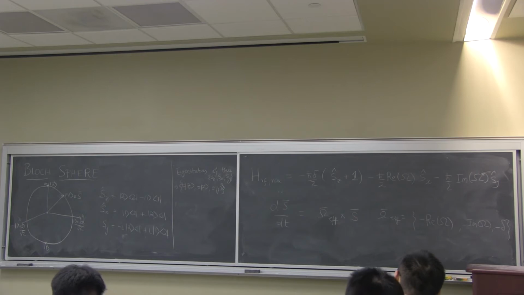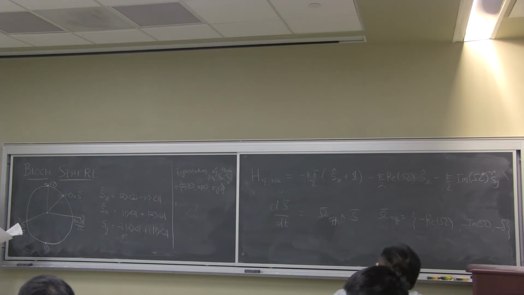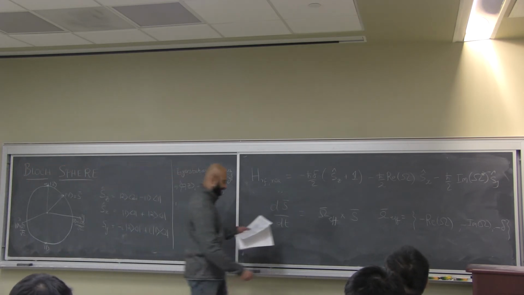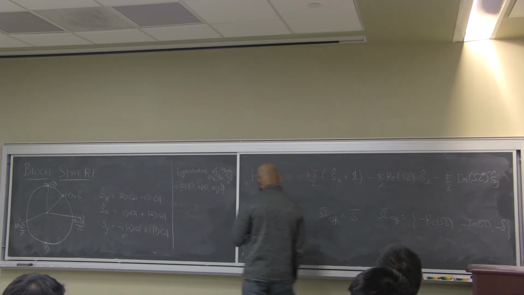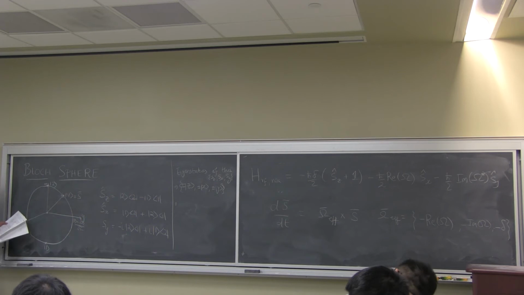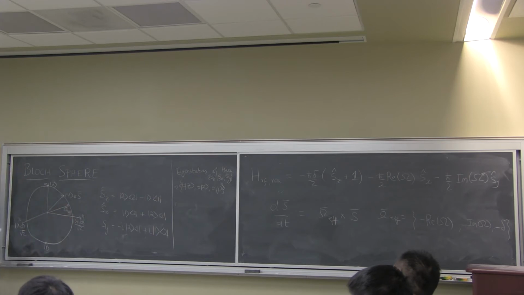So in any sort of dynamics, the state vector S will precess around this other vector, omega effective. If the state vector started out here, and I have some omega, which I can also represent as a vector in the same space, omega has some components.